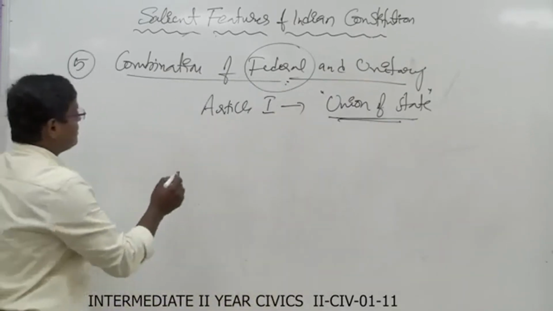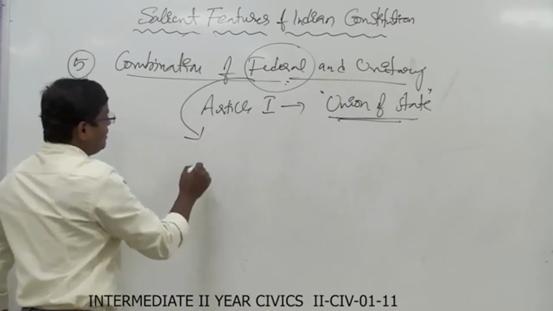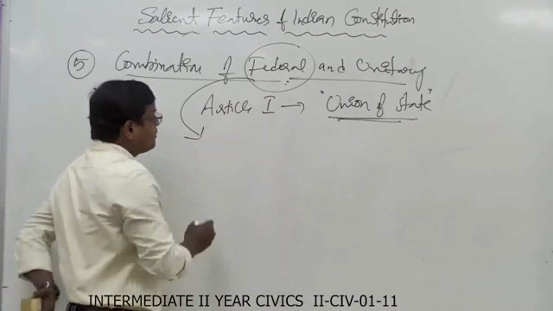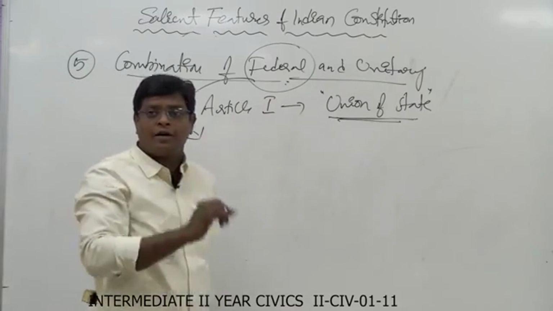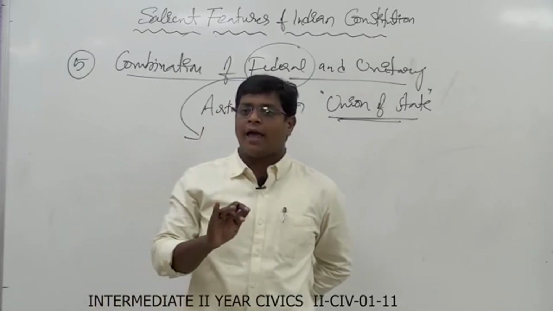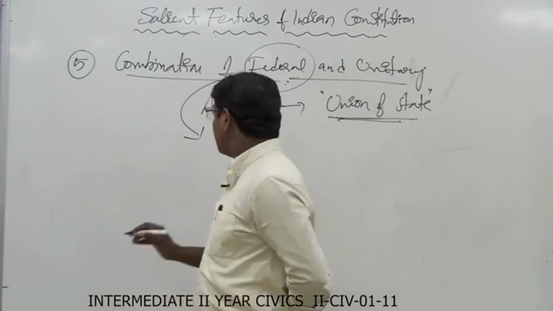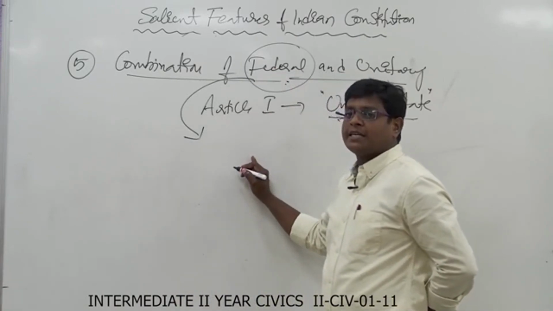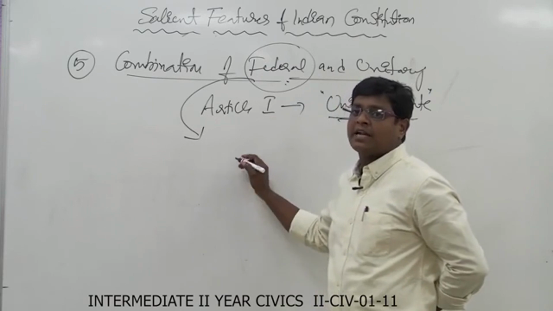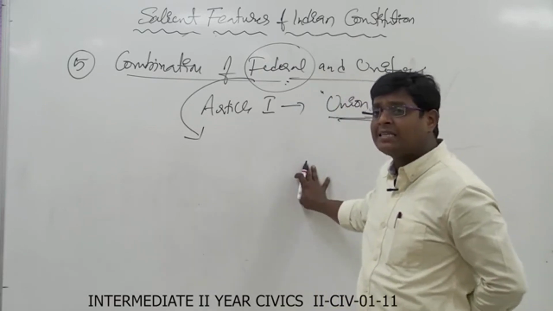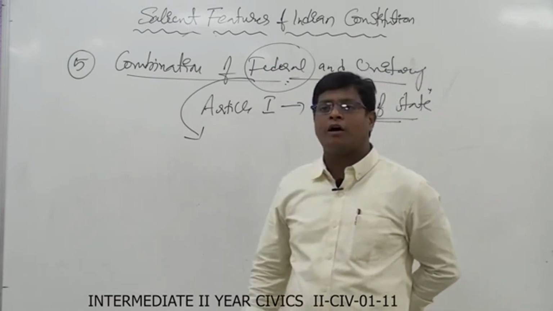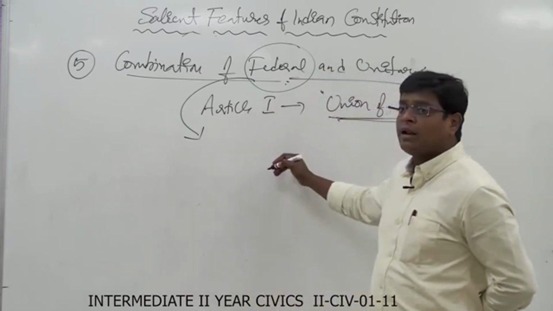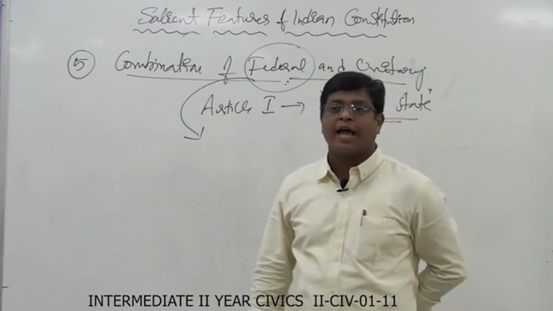The term federal is derived from the Latin word foedus, which means treaty or agreement. This federal feature was incorporated with the inspiration of the 1935 Government of India Act, as well as the Canadian model and the American model.